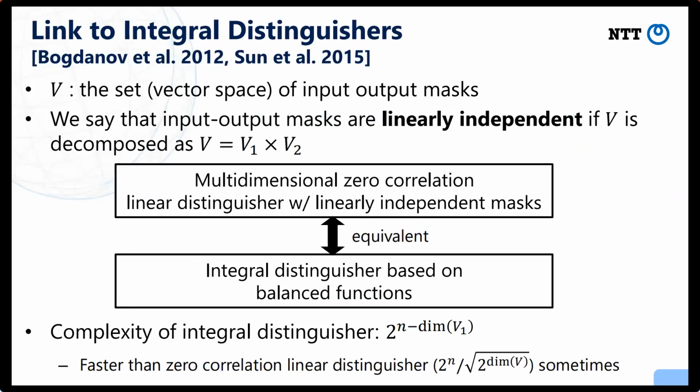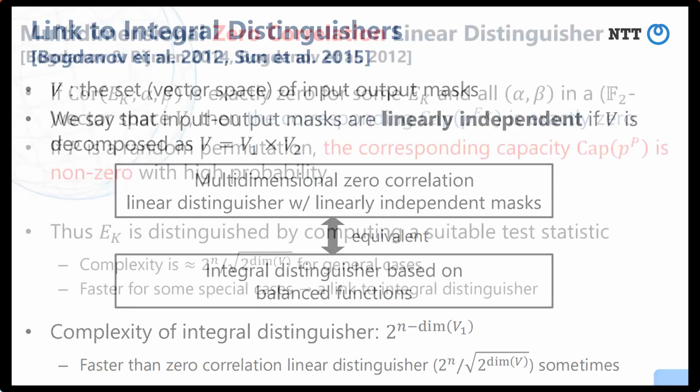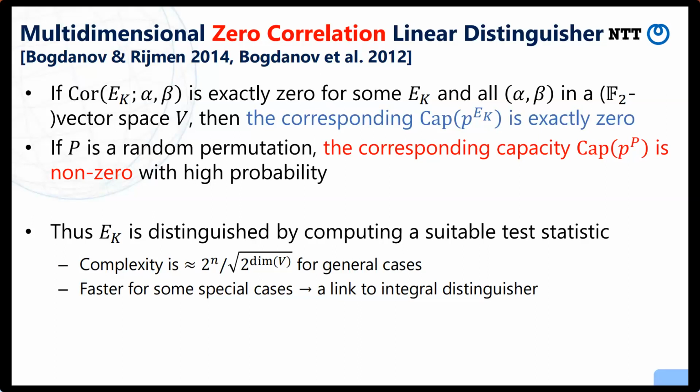Next, I'd like to explain the zero correlation linear distinguisher. In the previous slide, I assumed that the squared correlation is very large. But here, I'd like to assume that the correlation is exactly equal to 0 for some block cipher E_K, and all input and output linear masks alpha and beta in the vector space V. Then the corresponding capacity will be exactly equal to 0 for the real block cipher E_K.